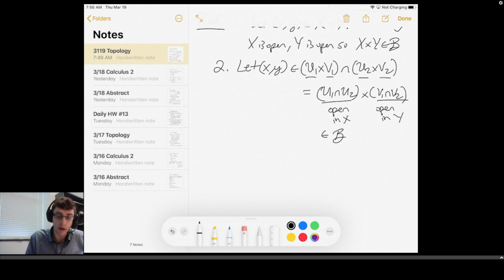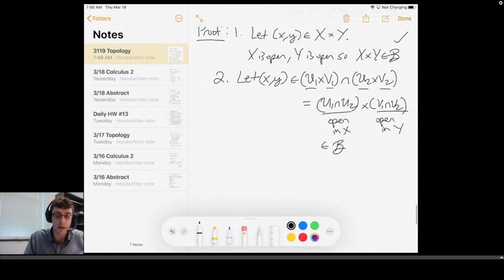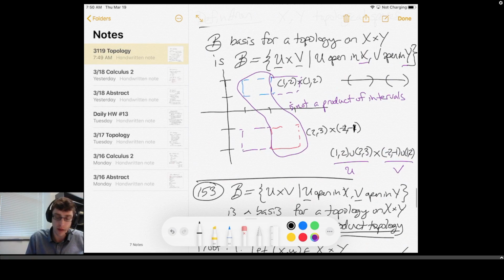Unions do not work the same way like this. You would not get equality here, right? We already saw that with the example up here, right? This union gives you the 4 rectangles, but if you have these separately and then take the union of them, you would only get the 2 rectangles.